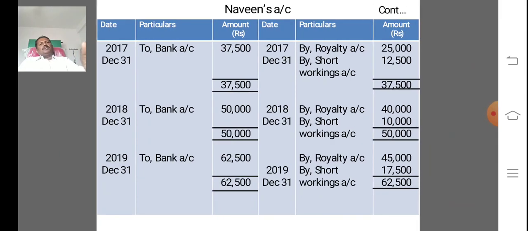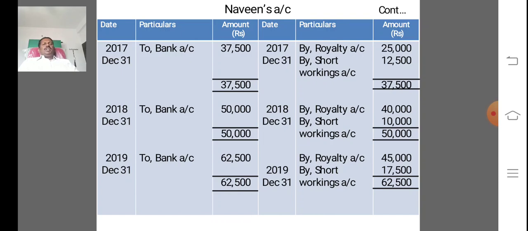And next we prepare Naveen's account or landlord's account. In the year 2017, to bank account 37,500, and 2017 December 31st, by royalty account 25,000, by short workings 12,500, total 37,500.